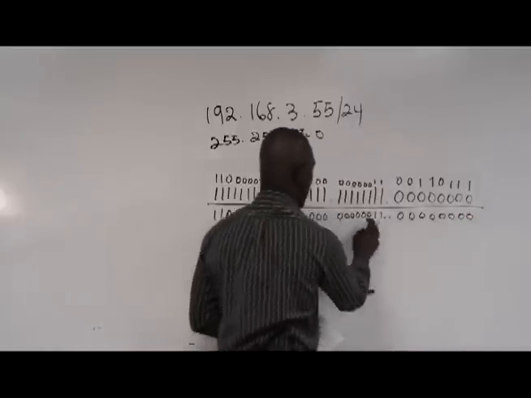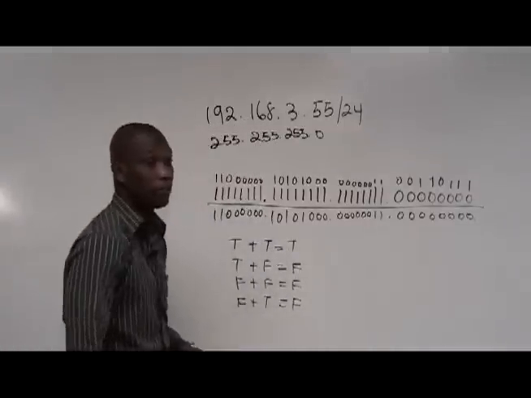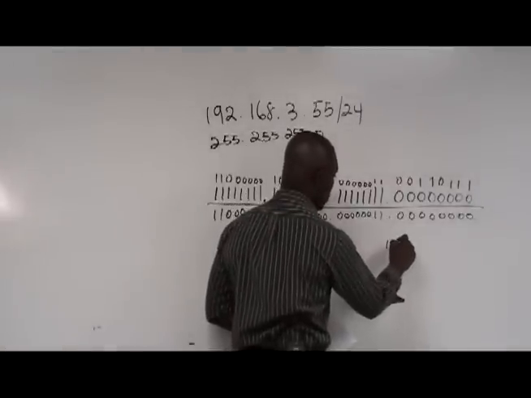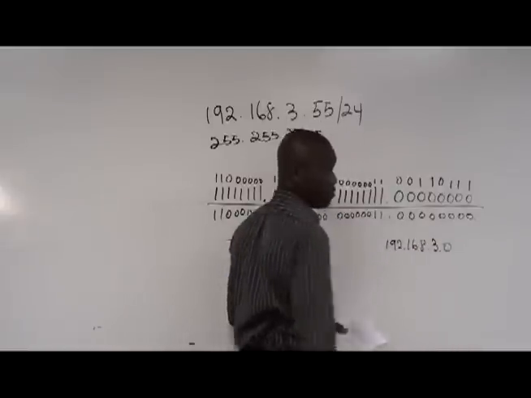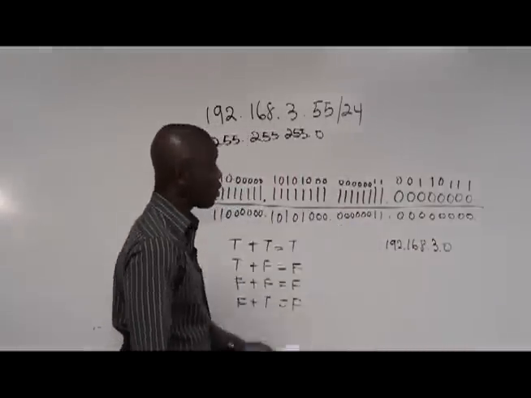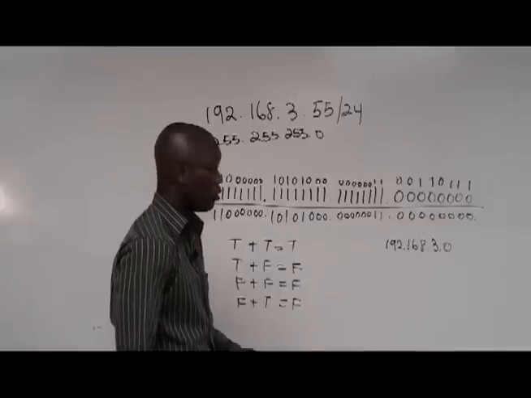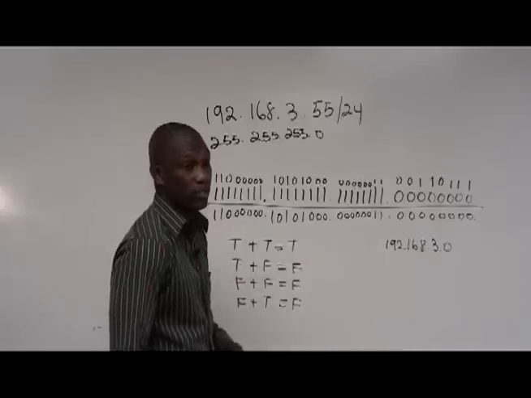So the network address for this network here, 192.168.3.55 and a /24, would be basically 192.168.3.0, right? And this is what you call classful in terms of the /24 now. So in this case, this would be a network address. And what would be your broadcast address?